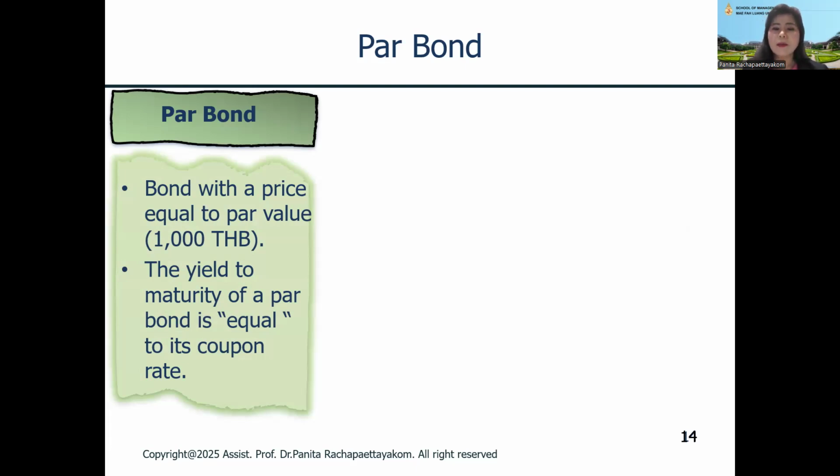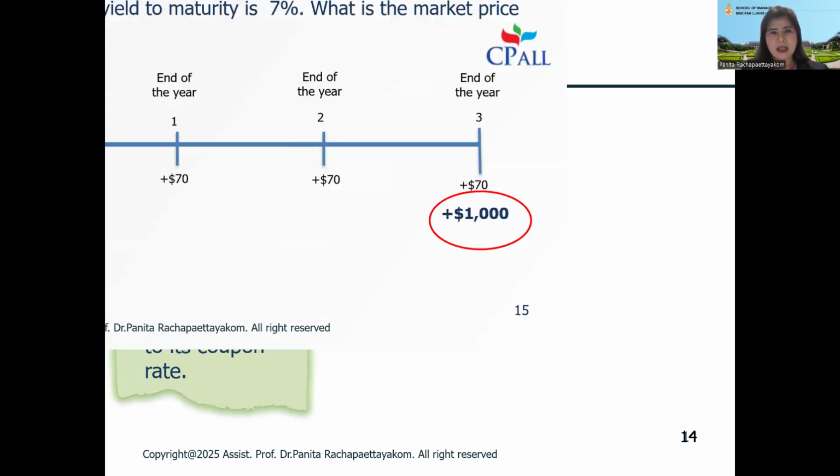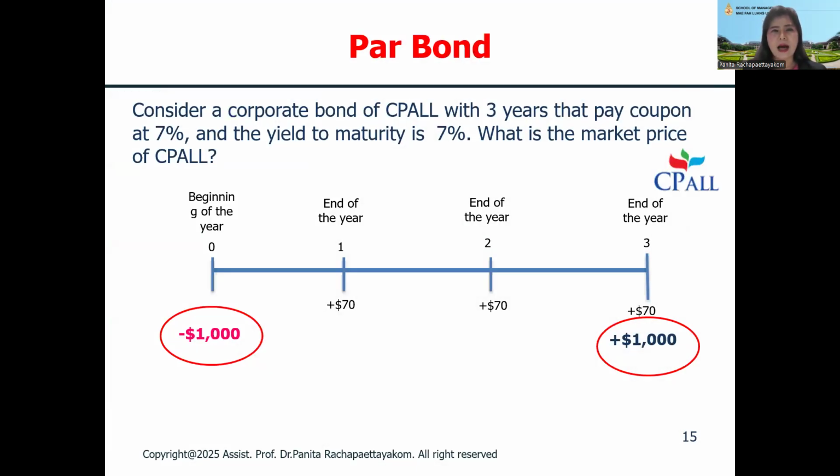Please notice here. The yield of the par bond will be equal to its coupon payment, I mean the coupon rate. Let's see this diagram, this timeline.